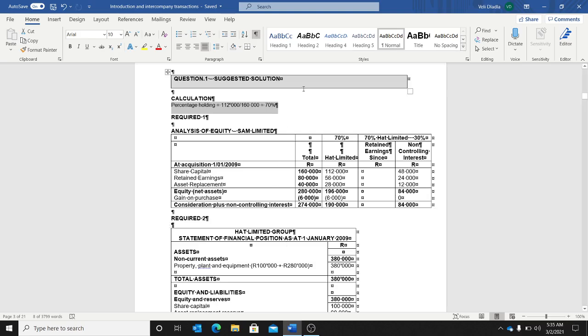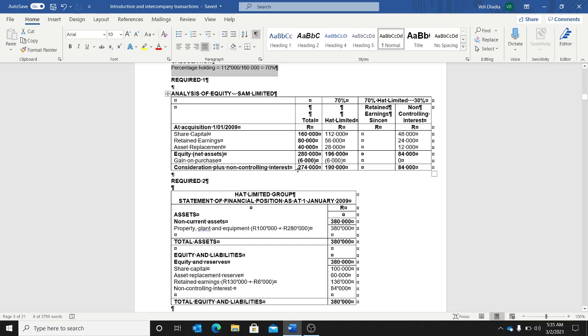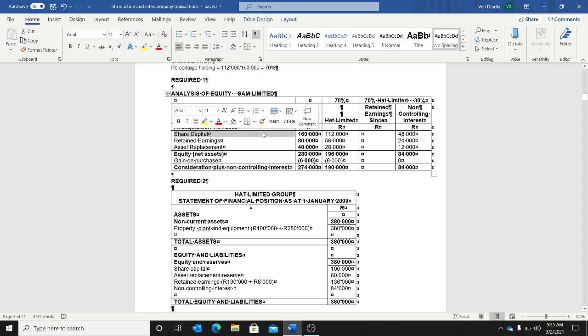Okay. So now, from here, if you look at this, here is the share capital that we are acquiring, which is 160. The retained earnings is 80.